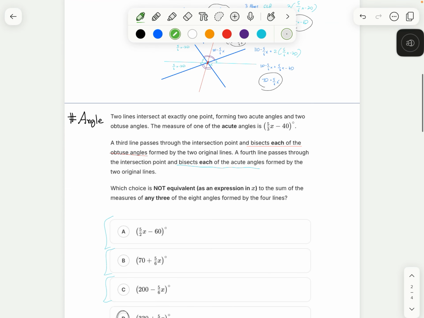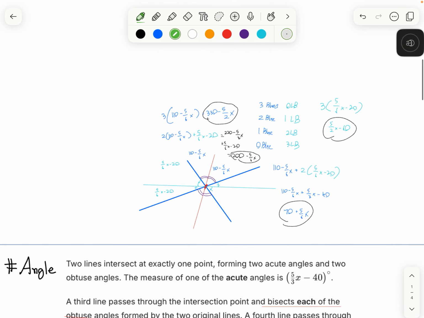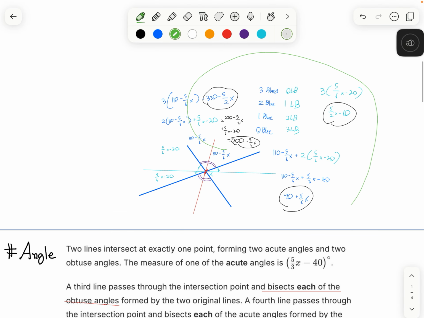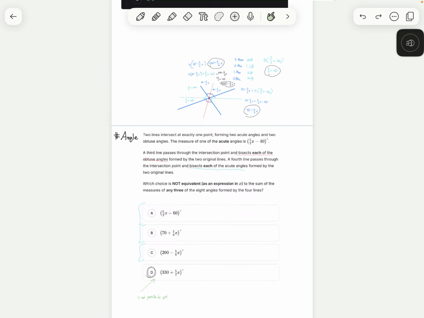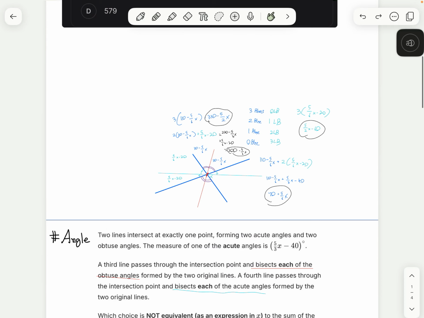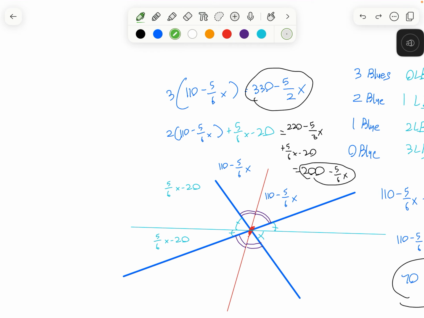If you have three angles and add those together, it does not sum up to the values that we found here. So once again, for these problems, make sure you first write everything in terms of x, and then realize that you only really have two different types of angles here.